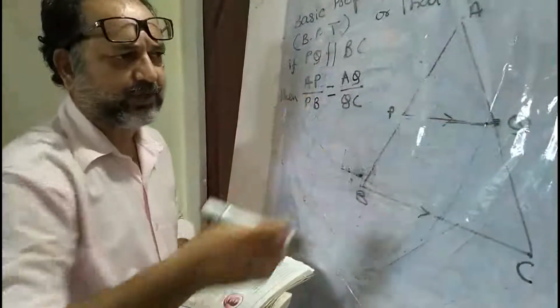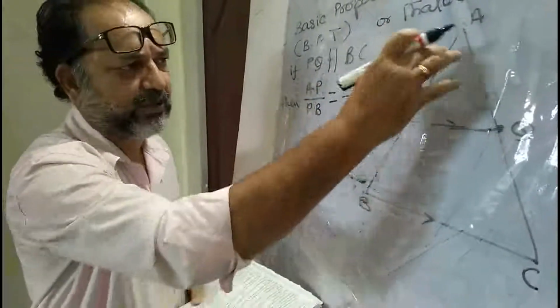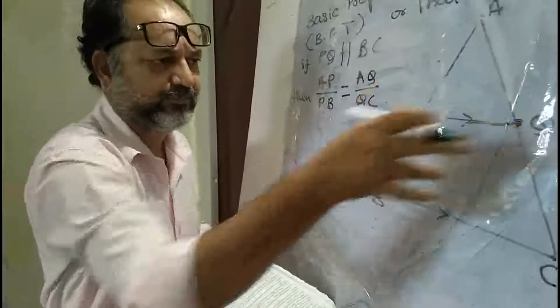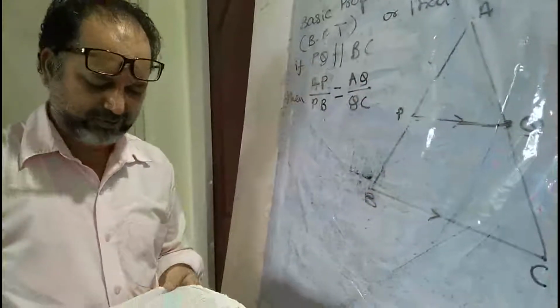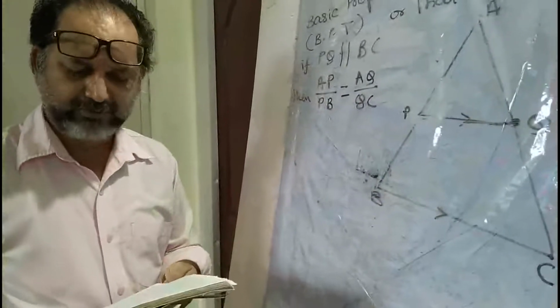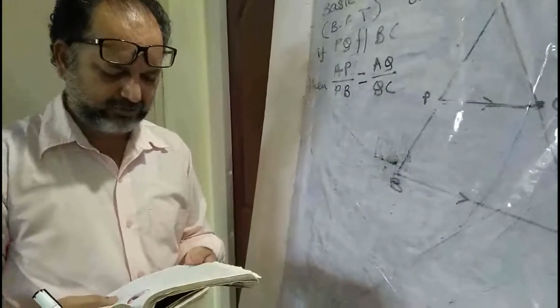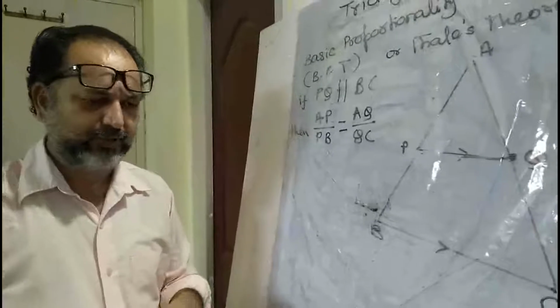This segment divides the other two sides in the same ratio. This is the BPT theorem. It is on page 104 in the 6th lesson, Triangles, theorem 6.1.